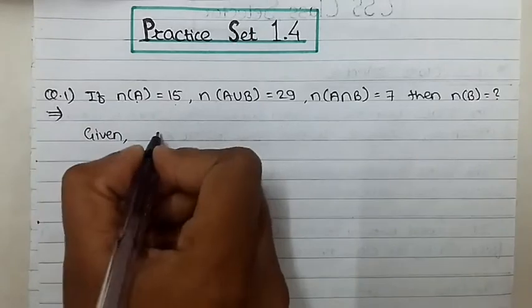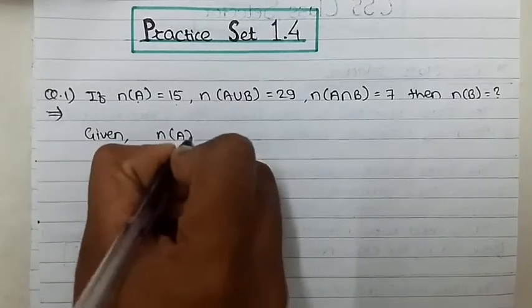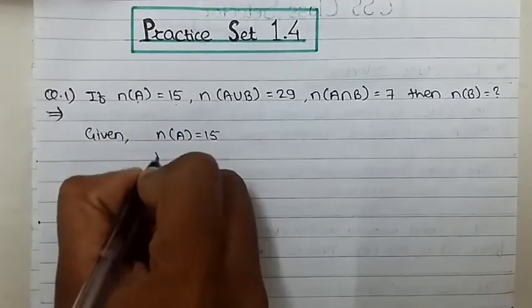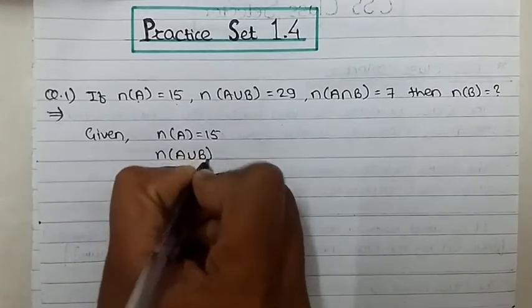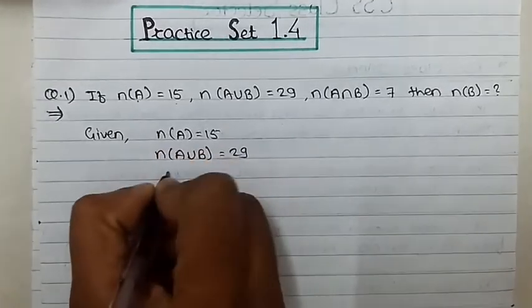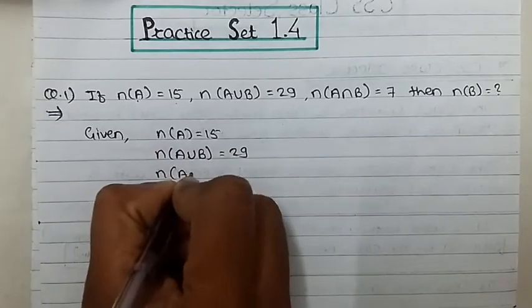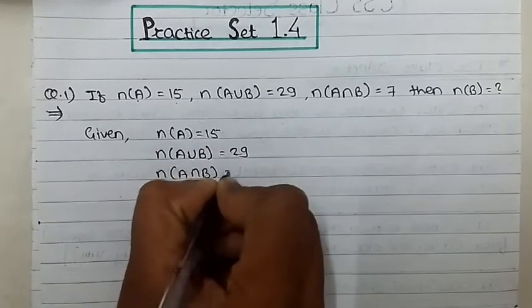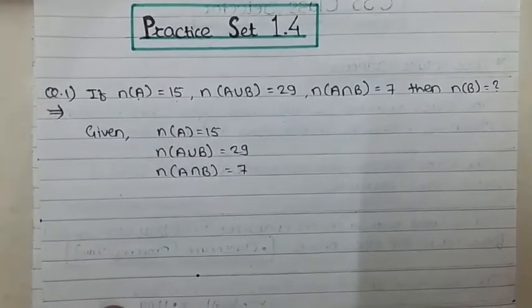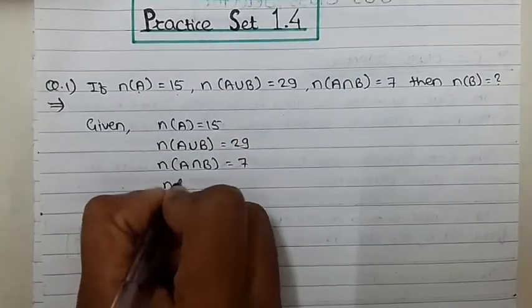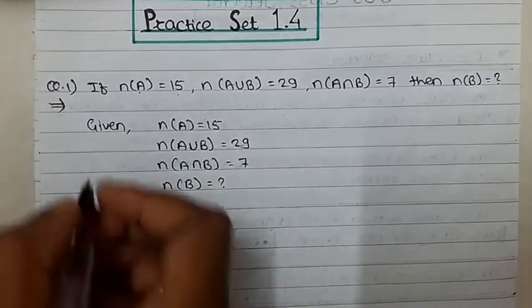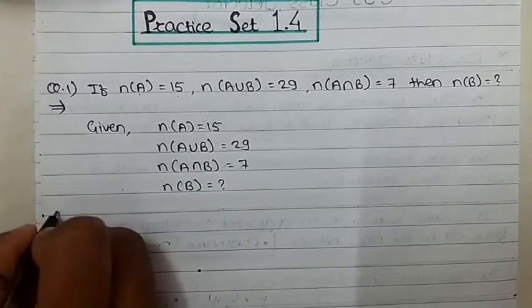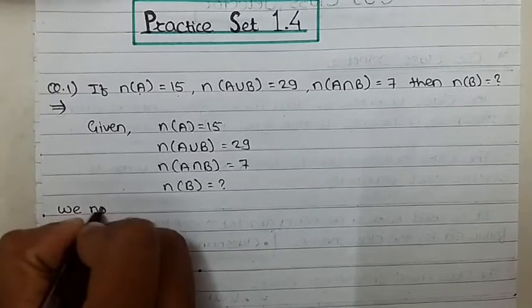Given, what is given here? n of A is equal to 15, n of A union B is equal to 29, n of A intersection B is equal to 7. Then we want to calculate n of B. We know one formula.